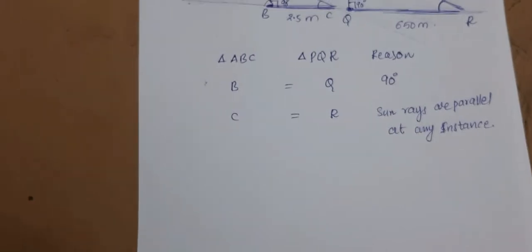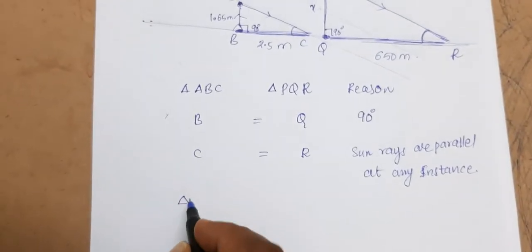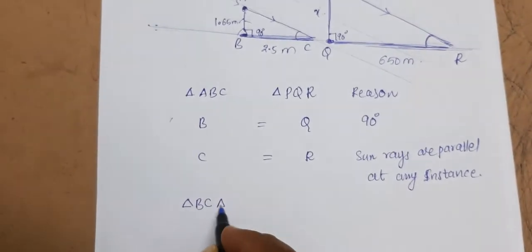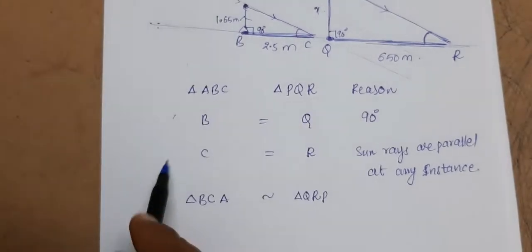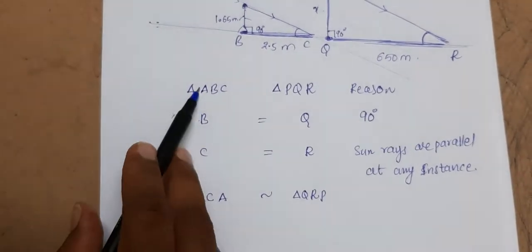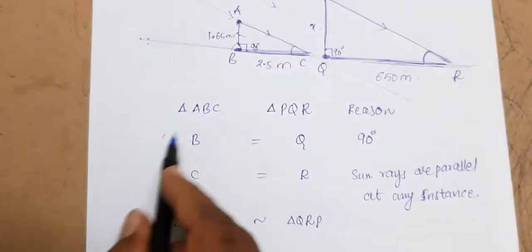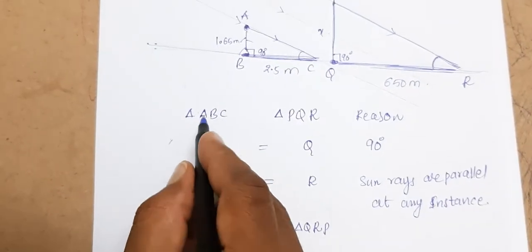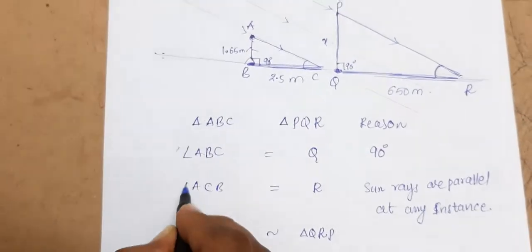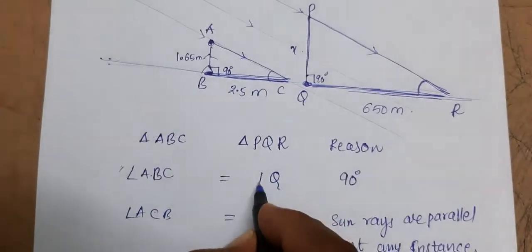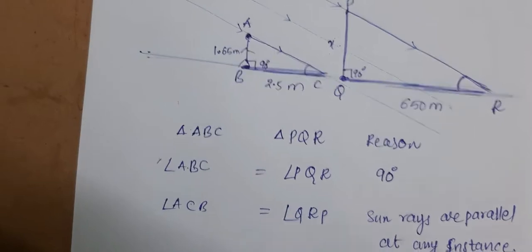Now next, triangle ABC is similar to triangle PQR. Let me complete the angles: B, AC here, AB angle here, PR is here, QP. That's it.